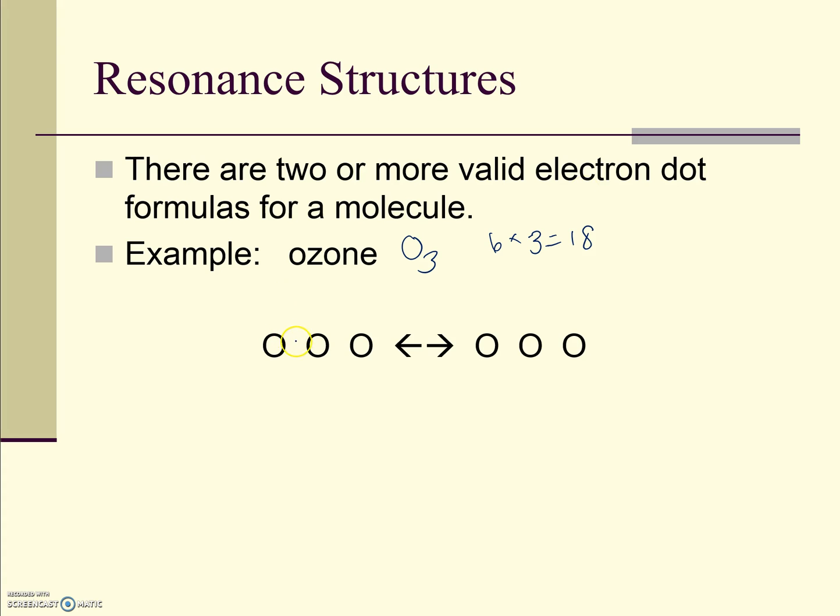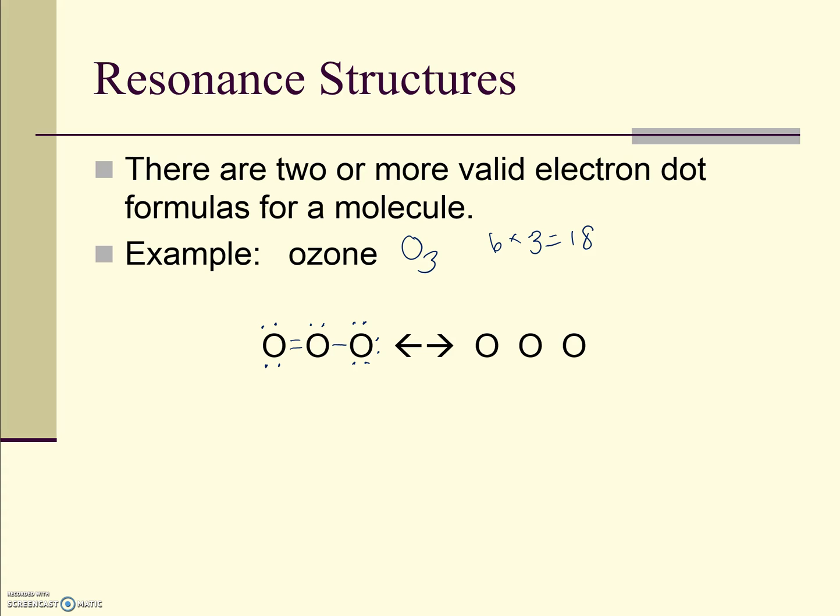If I go to draw this, I just happen to know that it has a double bond and a single bond, which you would get by trial and error, but I want to make sure that we have enough time to get through these notes, because I want to show you the resonance structure. Here I have my 18 electrons, so 2, 4, 6, 8, 10, 12, 14, 16, 18, okay?